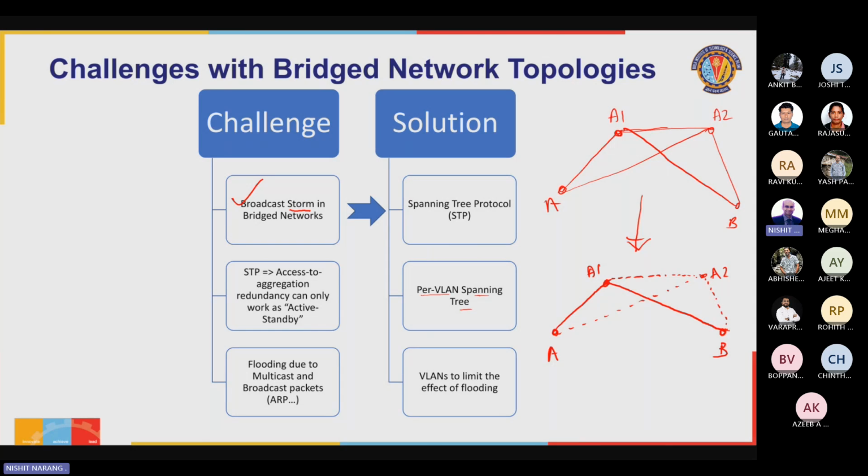So what have I done? I've said, okay, the physical network topology is designed for redundancy. But the spanning tree protocol has artificially marked some of these links as standby links, so that I can remove the cycles in the network and broadcast traffic doesn't keep flowing into cycles and create a storm.